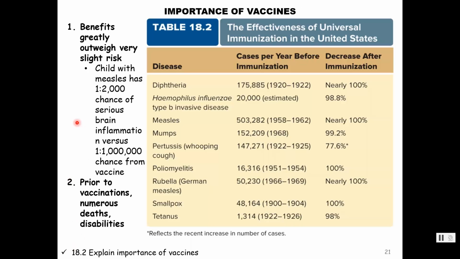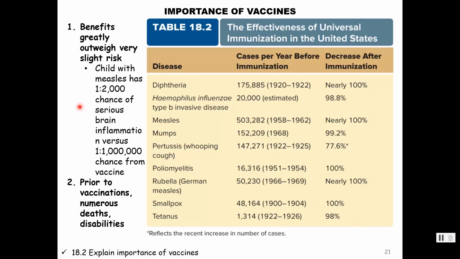So, importance of vaccines. This is just showing you the effectiveness of universal immunization. After immunization, we've reduced the number of cases of diphtheria, Haemophilus influenzae type B by 98.8%, measles, except for those outbreaks, nearly 100%, mumps, whooping cough, polio, rubella, smallpox, tetanus, all of those things.